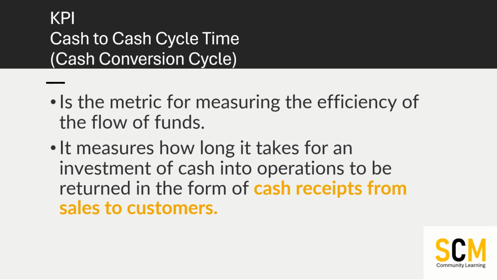It measures how long it takes for an investment of cash into operation to be returned in the form of cash receipts from sales to customers. This is the KPI, cash to cash cycle time. And we will use it a lot in this bootcamp.